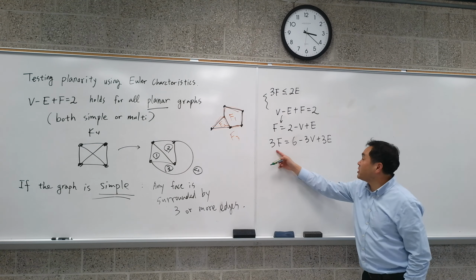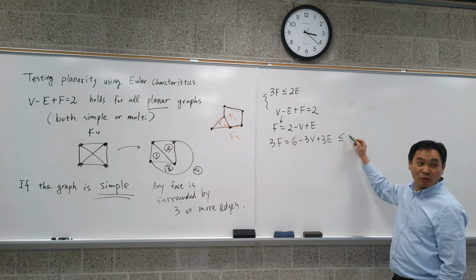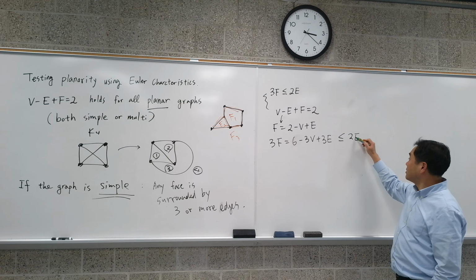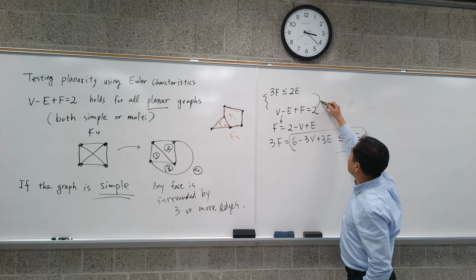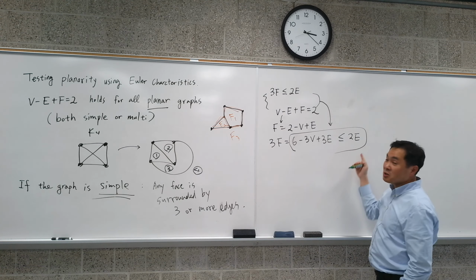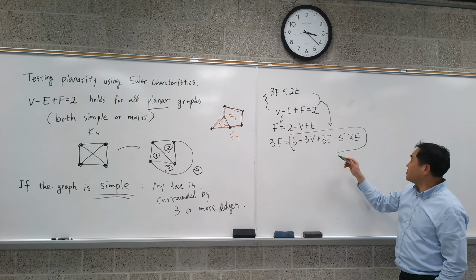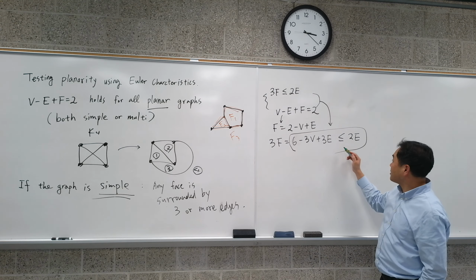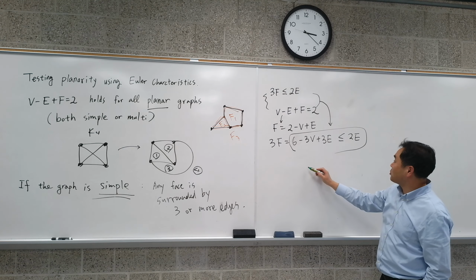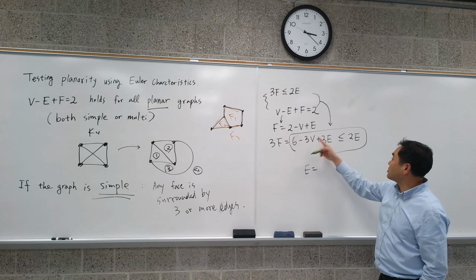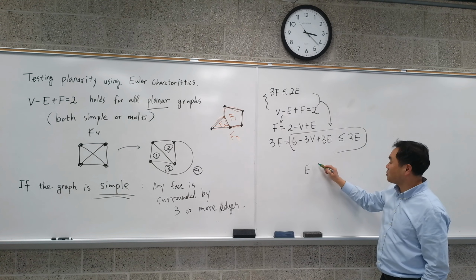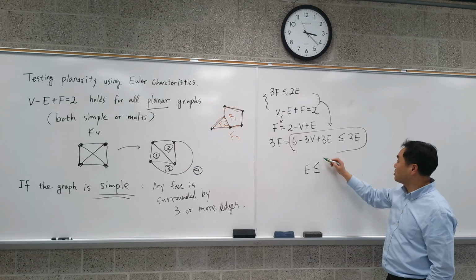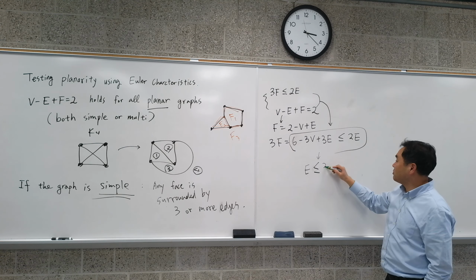But we know that 3f is less than or equal to what? 2e. So these two together bring you to this inequality. And this inequality can be written again by subtracting 2e from both sides, adding the 3v and 6 to the other side. You have this inequality that e is less than or equal to 3v minus 6.